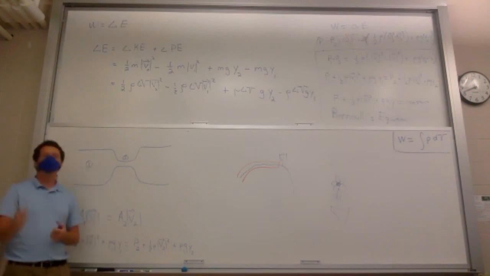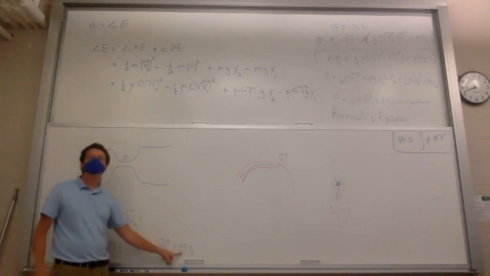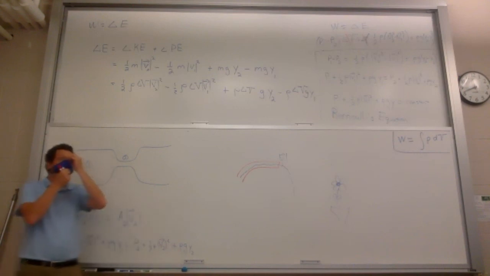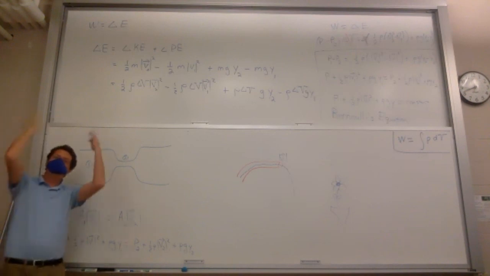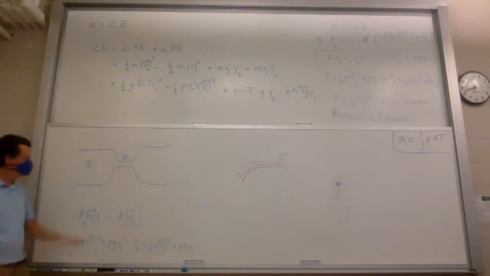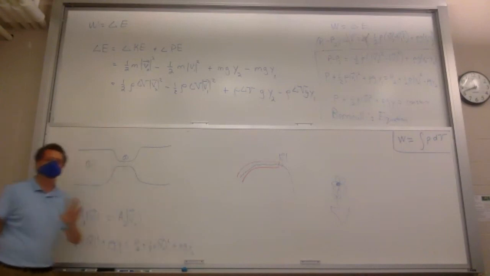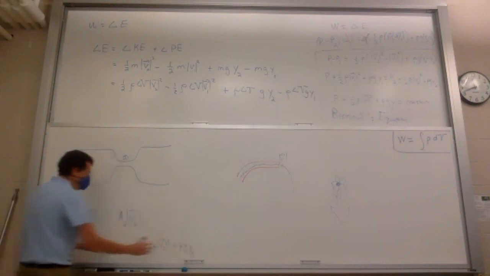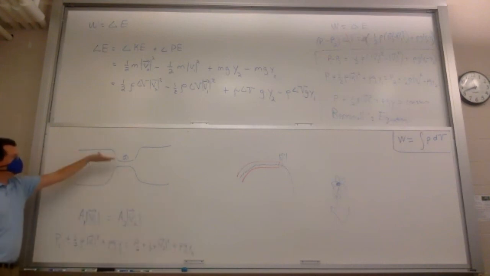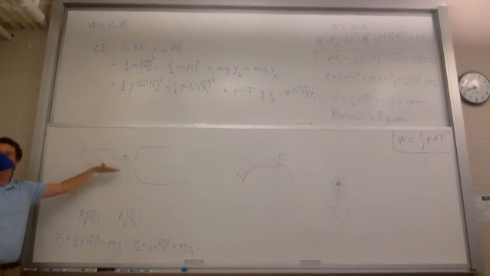Almost always you can ignore potential energy, unless you are designing a well or a pump, piping things over a mountain or something like that. Mostly you can ignore the potential energy term. In this case you can, because it's a horizontal pipe. If it's horizontal, there's no change anyway.